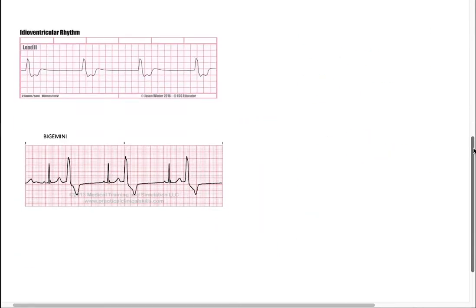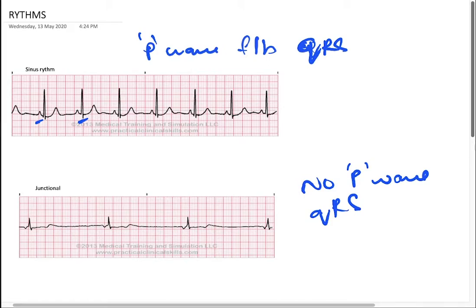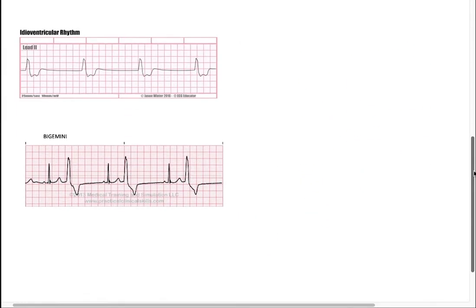If the ventricle is the pacemaker of the heart, there is obviously no P wave. But as you can see, the QRS wave is not narrow in this, so you will have a wide QRS. In the sinus rhythm, QRS is narrow, but when we see the ventricles, there is a wide QRS, independent of P because there is no P wave.